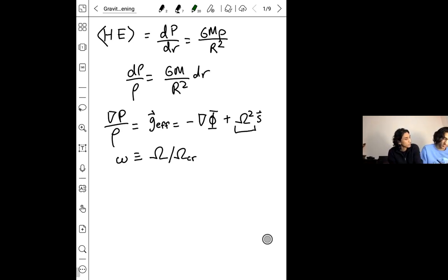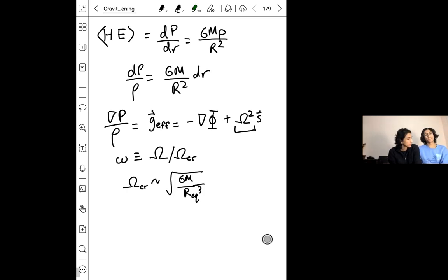And usually this is taken to be about this much, right? This is a very historied calculation in itself, so a lot of times you'll see some people put a 3/8, and there are different definitions for the critical rotation velocity.